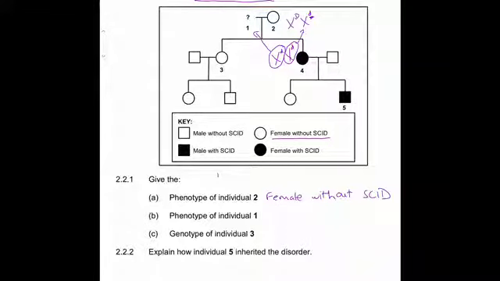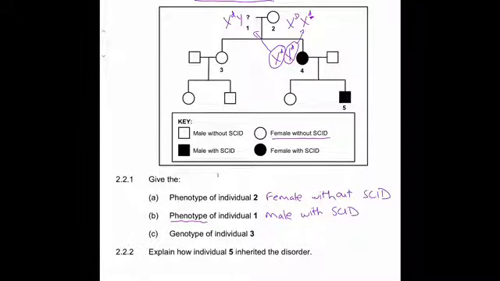Now, the fact that we are looking at a sex-linked disorder means that the male only needs 1 recessive copy to have the disorder. He is going to be X^d Y. So the phenotype of individual 1 is going to be a male with SCID.